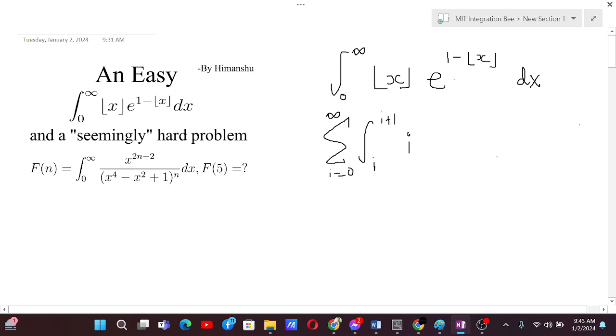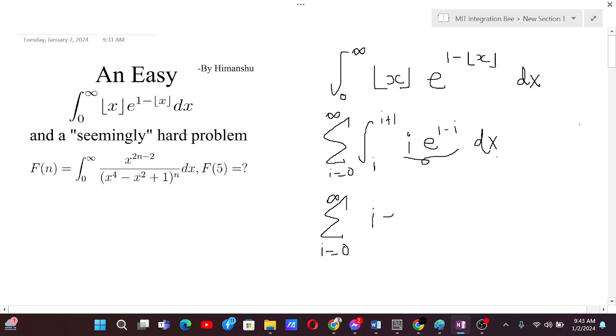And same over here, the floor of x will be i itself, and then dx. Now, this integral is in the world of x, but here the variables are in the world of i, so basically it's just a constant.